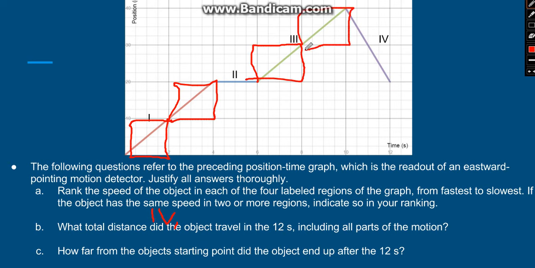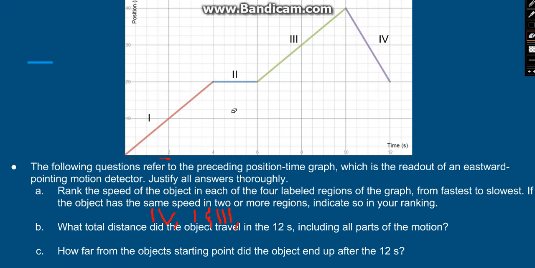So the actual speed of the object is the same. For this, we would put 1 and 3. Sorry about my handwriting, guys, it's kind of harder to do it here. And then the last one we have left is 2. The reason that 2 would be last is because it's actually not moving.